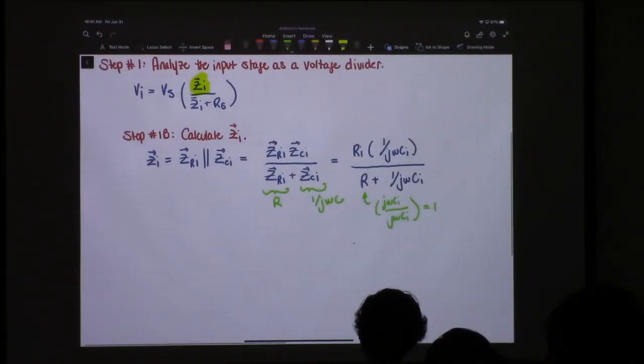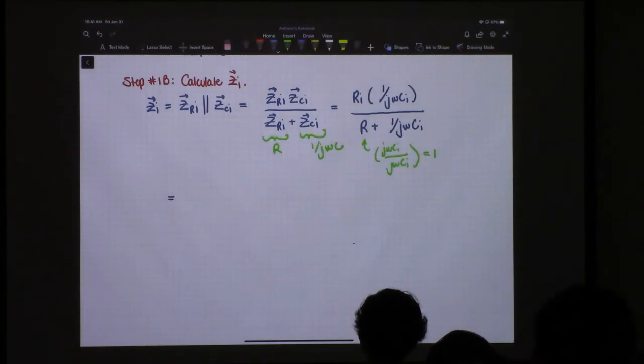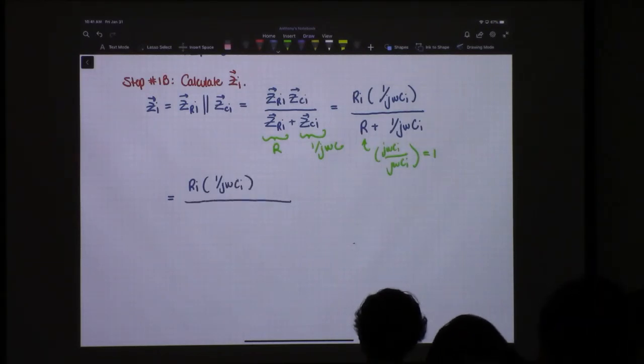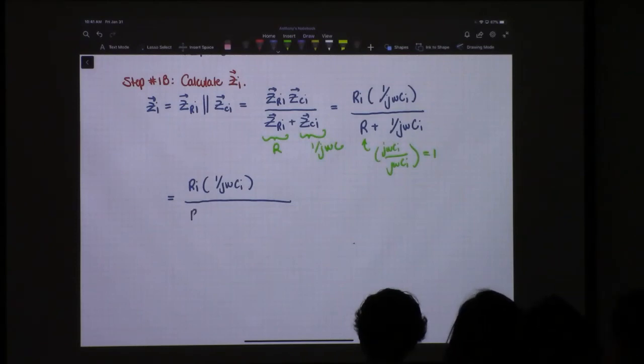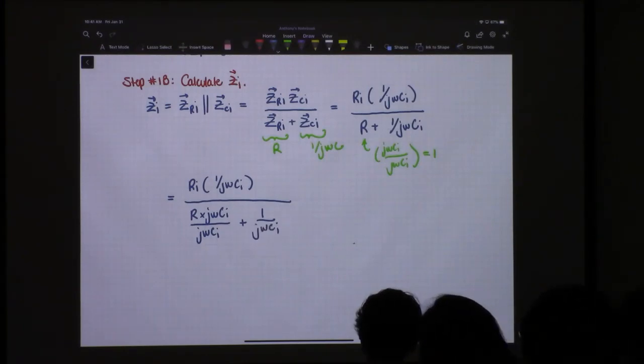And so what that'll leave us with, this will help us with finding a common denominator. We'll end up with Ri times 1 over j omega Ci. This is not changing. The numerator will change. We'll have R times j omega Ci over j omega Ci plus 1 over j omega Ci. Now you can see that we can combine these two terms together, right?